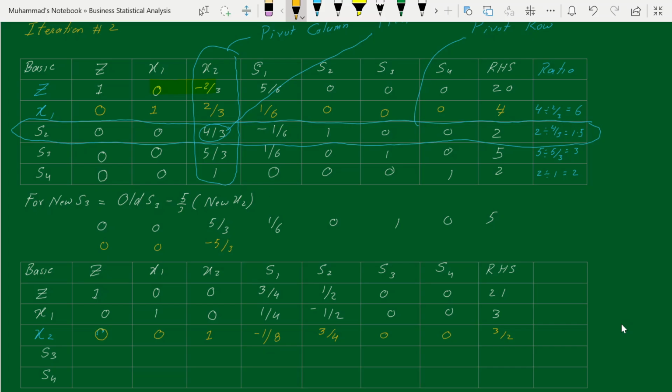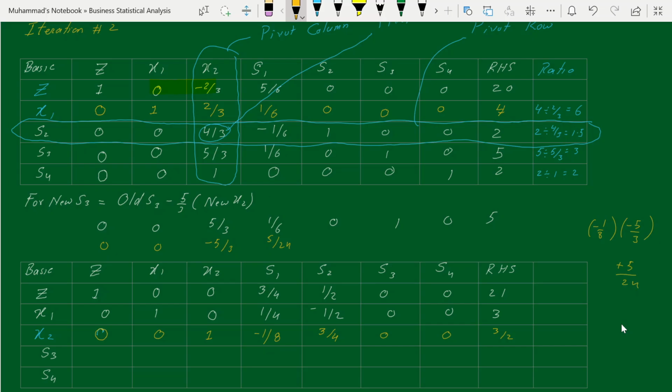And now we need to multiply minus 1 by 8 into minus 5 by 3, which is plus 5 by 24. So here I can write down 5 by 24 plus 1.